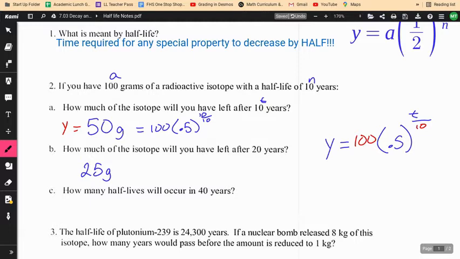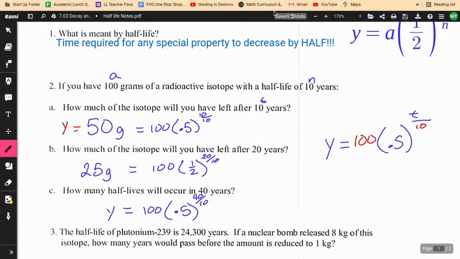Same thing for part B. I did 100 times 1/2 raised to the power of 20 divided by 10 this time. And if I want to figure out the final value, which is y, with an initial value of 100 times 0.5 raised to the power of 40 over 10 in 40 years, then I would simply calculate the value of this.